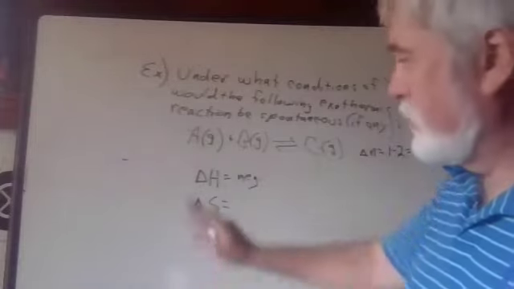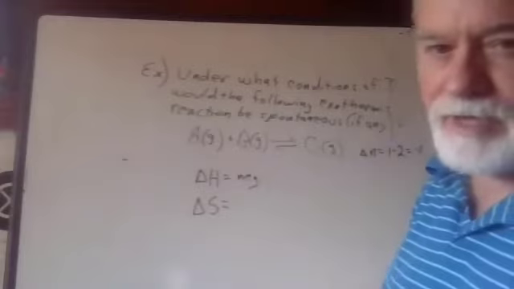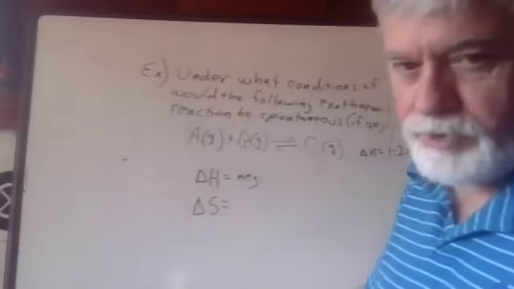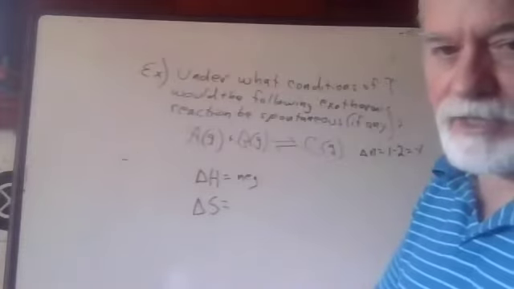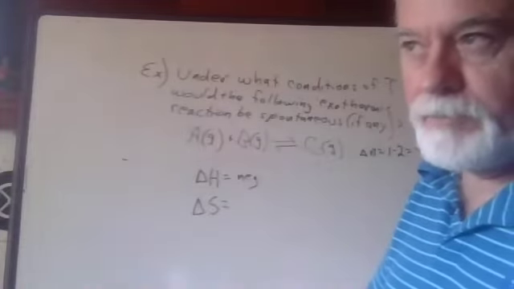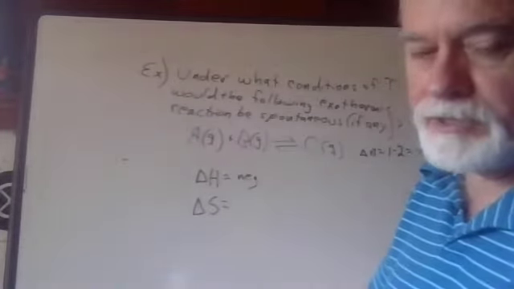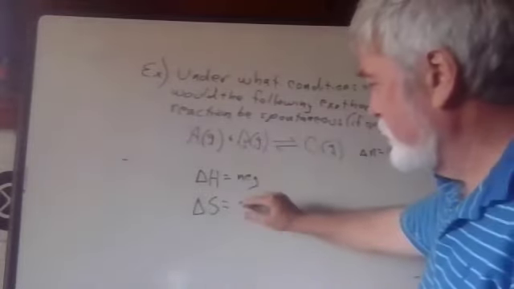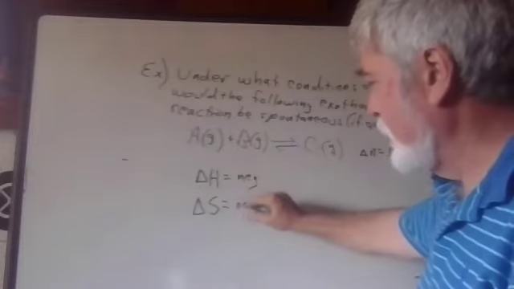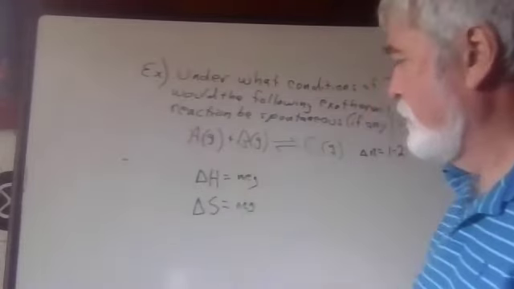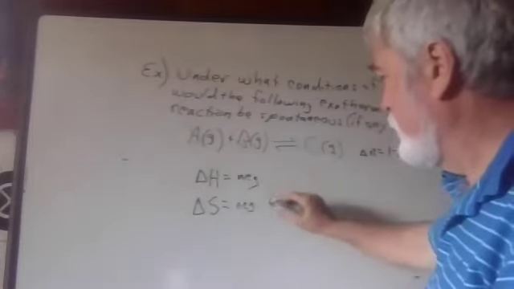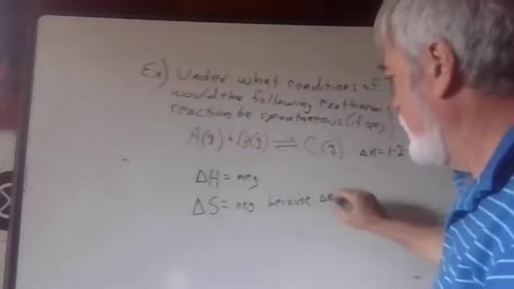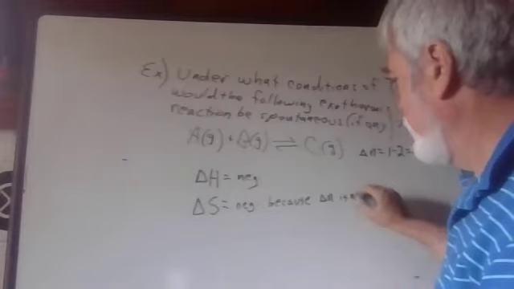So if you're decreasing the number of moles of gases, you're going to be creating more order, which is a negative delta S, because remember, your delta S is a measure of disorder. So here, in this particular case, your delta S is also negative, because delta N is negative.